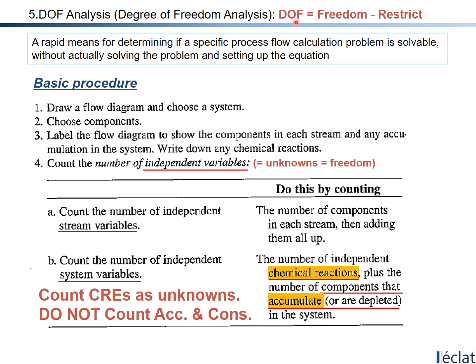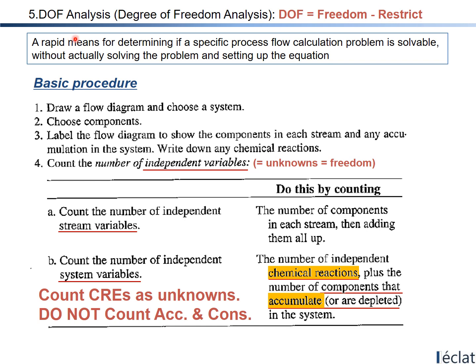Degree of freedom is equal to freedom minus restrict. Freedom is the number of unknown variables, and the restrict is the number of equations plus restricts given to you from the problems.